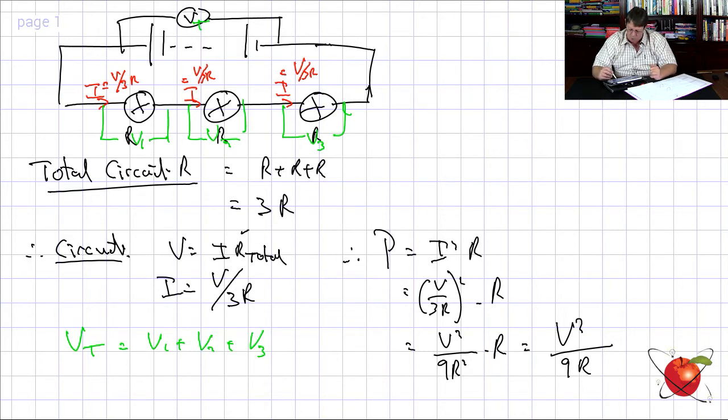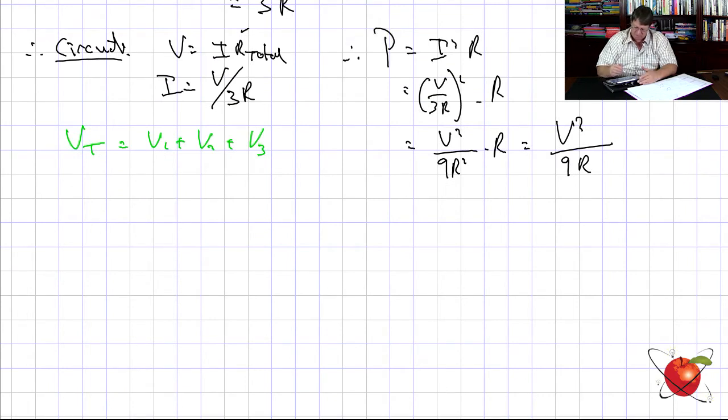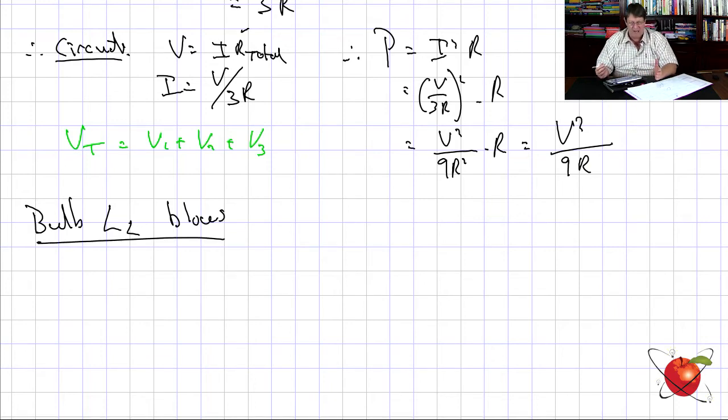But what happens now if bulb number 2 blows? Lamp 2 blows. What happens to the brightness? Can a current flow when the bulb is blown? No current.